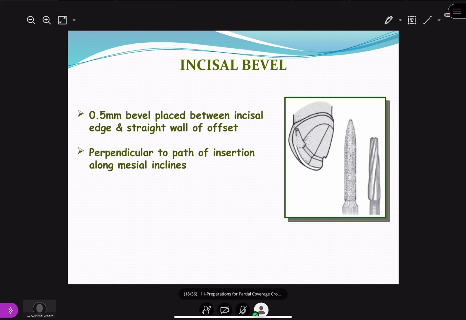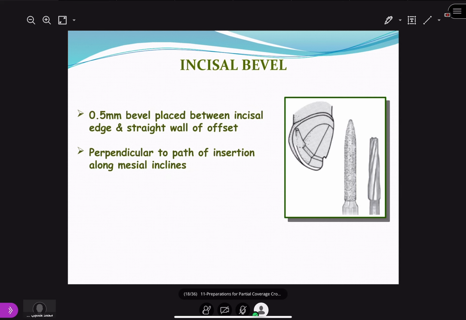So when you have done the proximal groove, the proximal flare, and the incisal offset, then the last feature which we will provide is the incisal bevel. For posterior teeth we call it occlusal bevel, but for anterior teeth we call it incisal bevel.